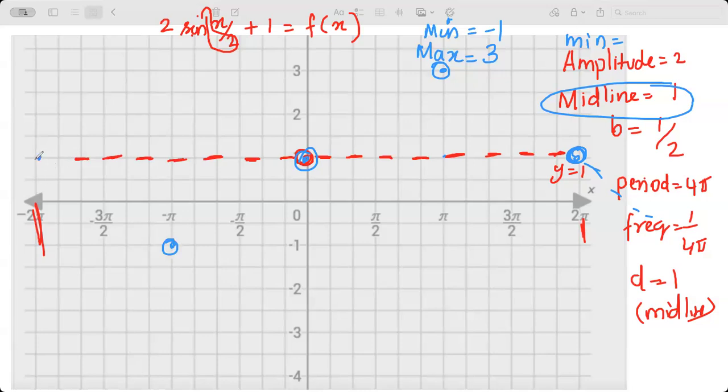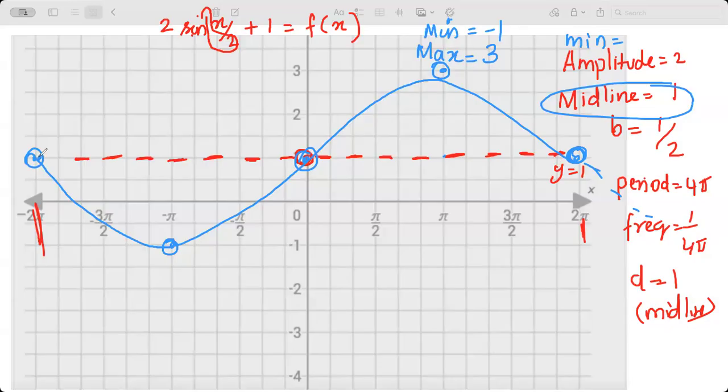Now at pi, it again goes to 0. Now let me connect these points. Does that make sense? So the upward and downward curve makes up one period, right?